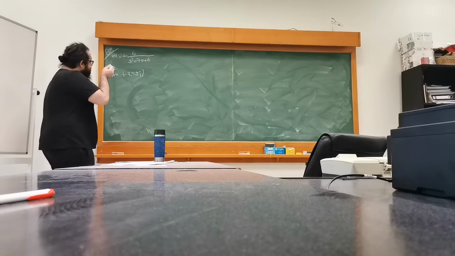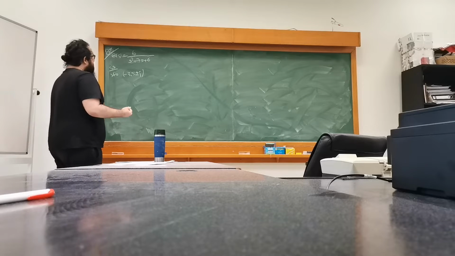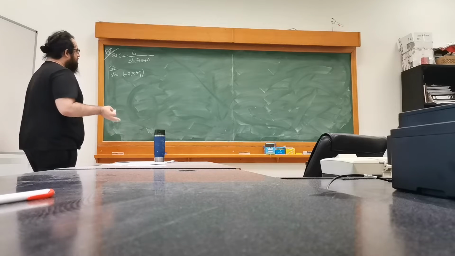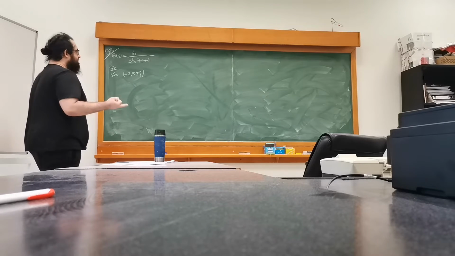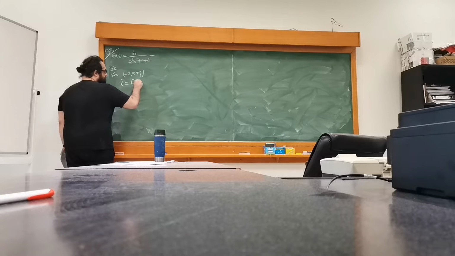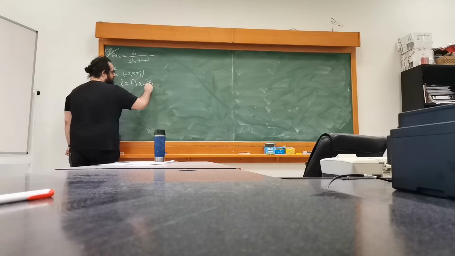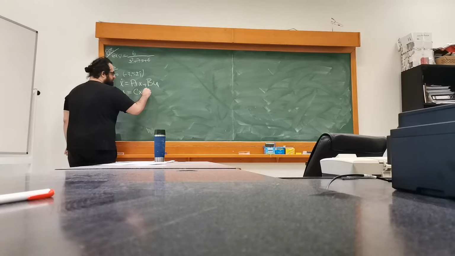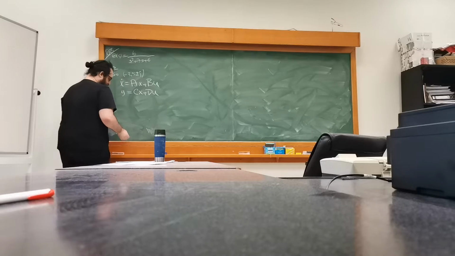Now, as usual, if we are converting a transfer function into a state space model, the most important part is the dynamic part. So our state space model will be x dot equals Ax plus Bu, and we will have the static relation y equals Cx plus Du.